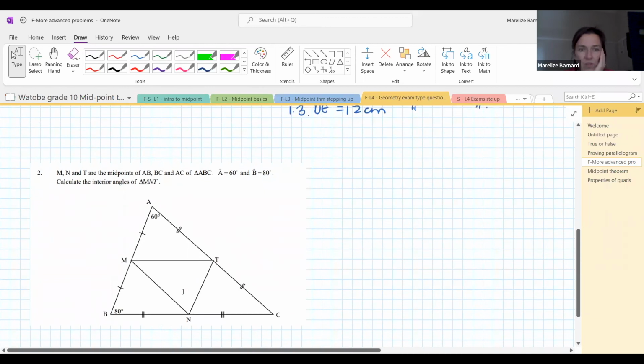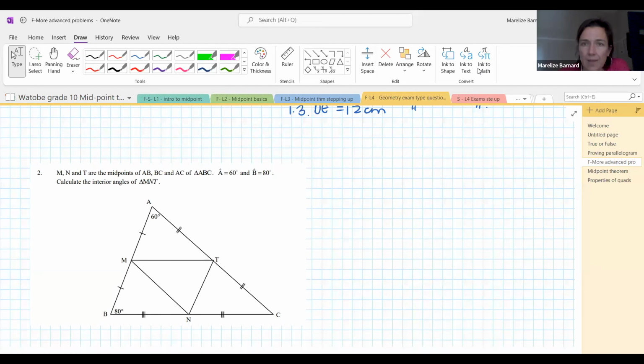I think we've got time for one more question quickly. Let's do this one. M and T are the midpoints of AB, BC, and AC of triangle ABC. Okay, so in this case, do you see we are only given midpoints?